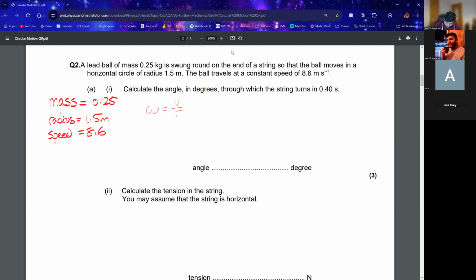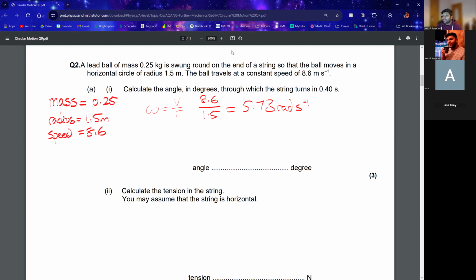So velocity 8.6 over 1.5 gives us our angular speed in radians, which is 5.73 radians per second. That's basically the speed that we care about, taking into account the fact that it's turning.